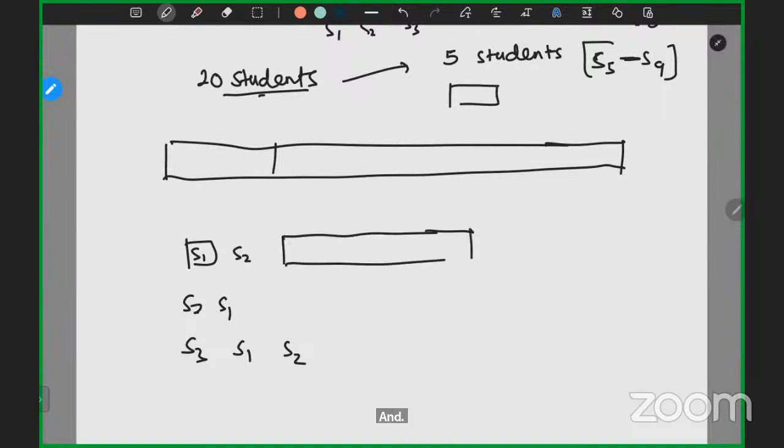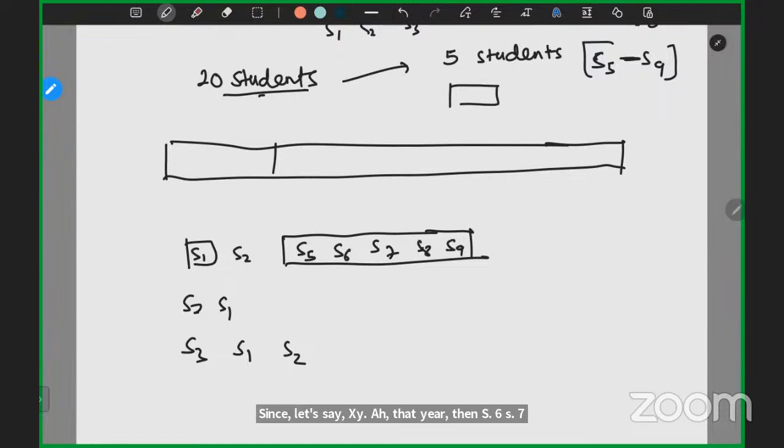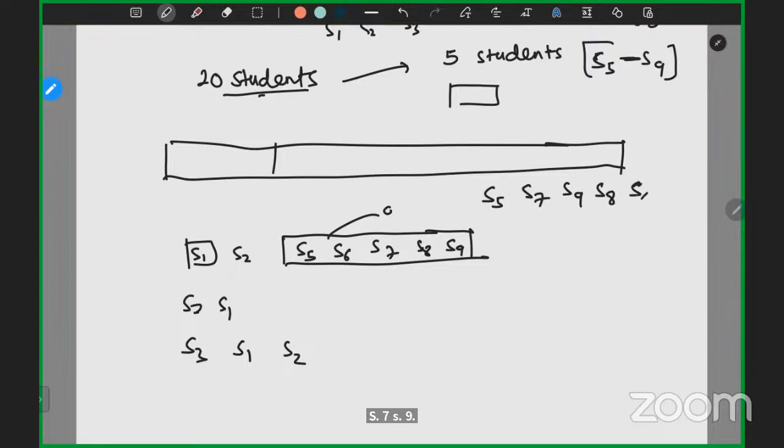S5, S6, S7, S8, and S9 should always be together. Now they can also shuffle internally, like S5, S7, S9, S8, and S6. So all these arrangements internally are possible.